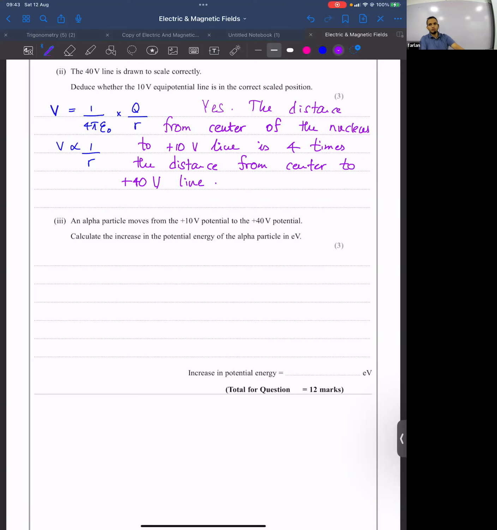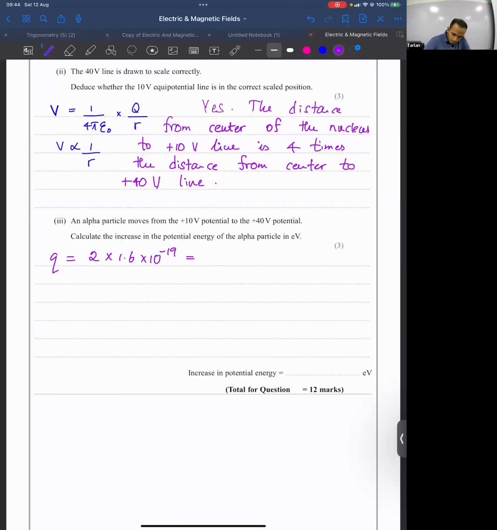The 2 neutrons don't have a charge, correct? So the charge of the alpha particle is the charge of 2 protons, which is 2 into charge of a proton, 1.6 into 10 to the minus 19 coulombs, if you can remember. Anyway, don't worry, this data is there in the data sheet.